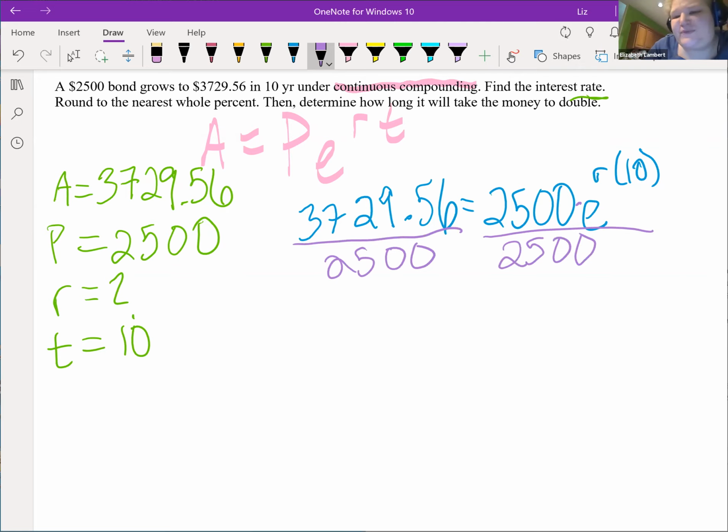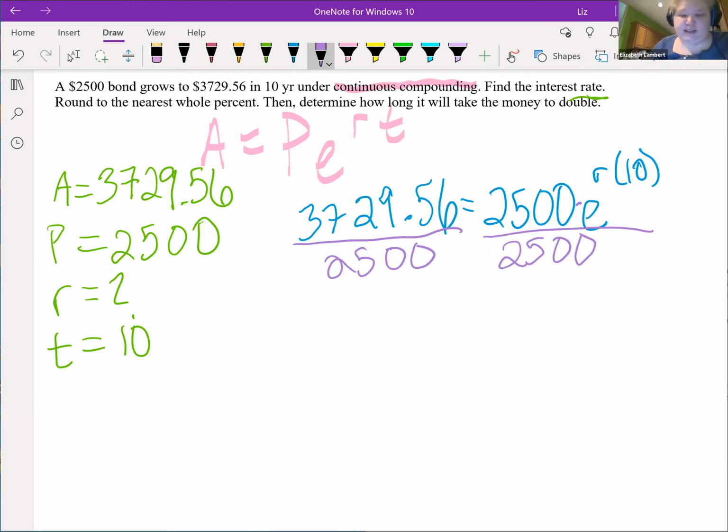Now, this crunches up to some ugly number. Actually, it probably isn't that bad, because 2,500 is a factor of 10,000. Let's crunch it up, because I think this one will actually work out nicely.